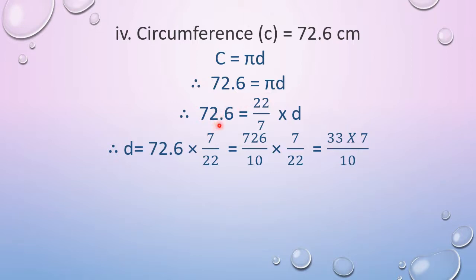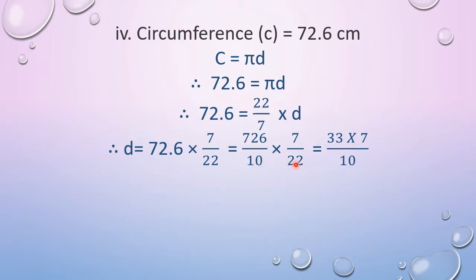So 72.6 is equal to 22 by 7 multiplied by d. So we have to find the value of diameter. So d is equal to 72.6 multiplied by 7 upon 22. 72.6 we can write like this also, 726 upon 10 multiplied by 7 upon 22.